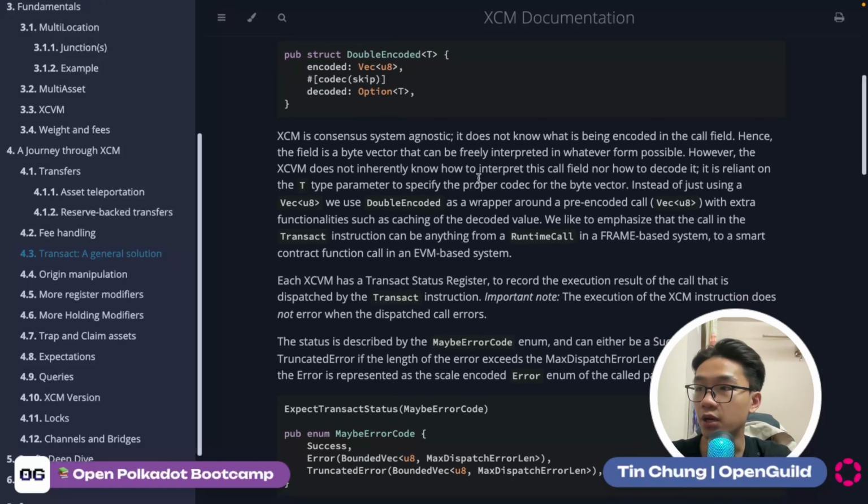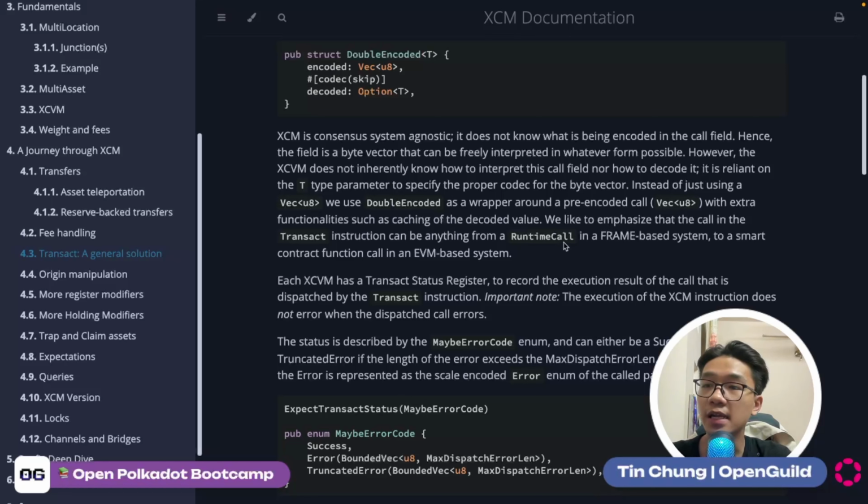So it relies on the T type parameter to specify the proper codec for the byte vector. Instead of just using a vector U8, we use a double encoded as a wrapper around a pre-encoded call vector U8 with extra functionalities such as caching of the decoded value.